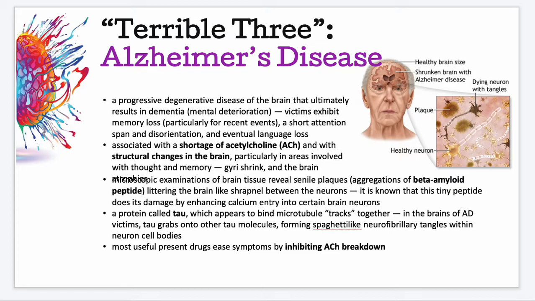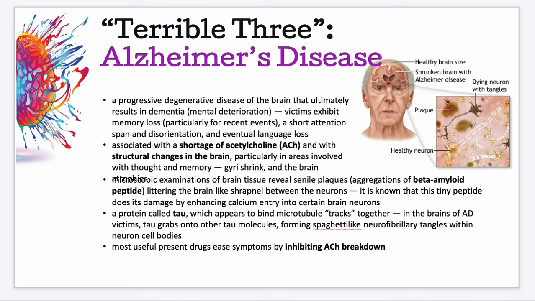Ayan. So, your Alzheimer's disease, this is a progressive degenerative disease of the brain that ultimately results in dementia or mental retardation. So, yung mga patients, they exhibit memory loss, no? Particularly for recent events. They have short attention span and disorientation and eventual language loss.